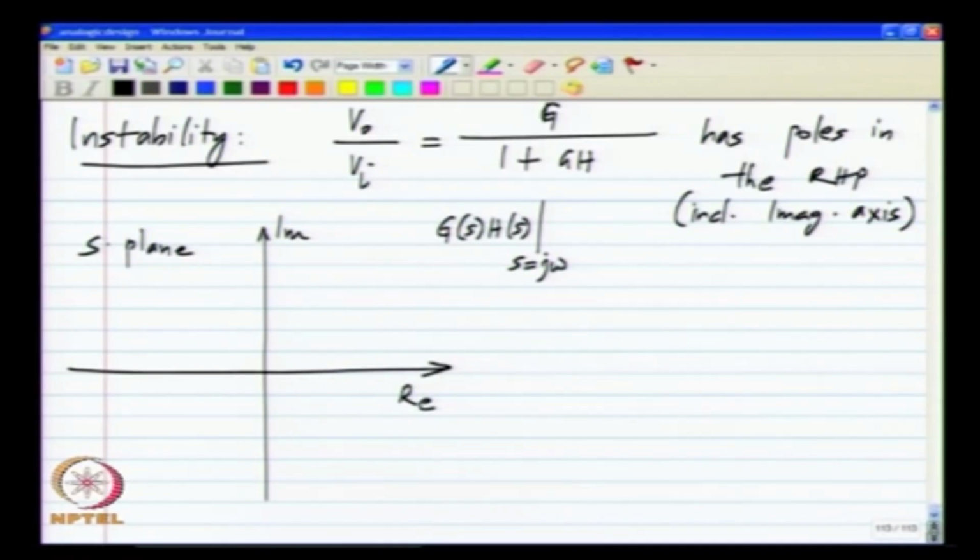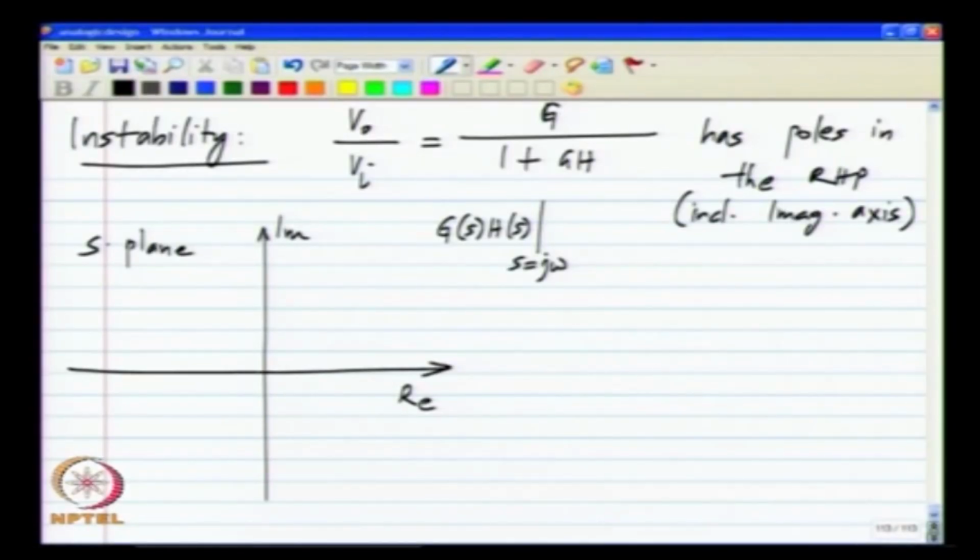This essentially means that what you are evaluating is the sinusoidal steady state response of the loop gain function. Okay. S equals j omega corresponds to a sinusoid of frequency omega, and G of s H of s at S equals j omega corresponds to the loop gain for a sinusoidal frequency of omega. Okay.